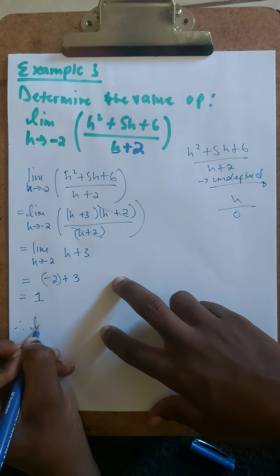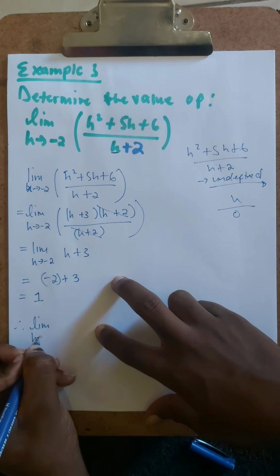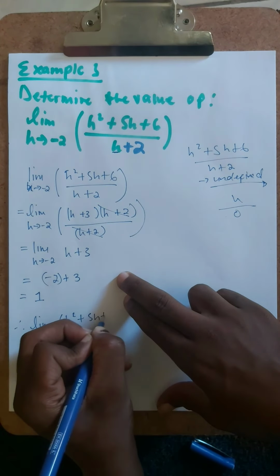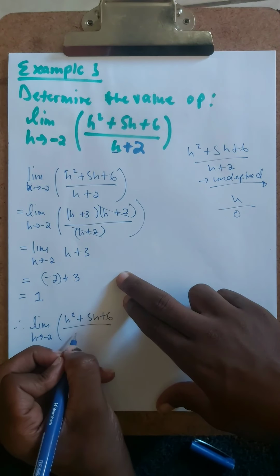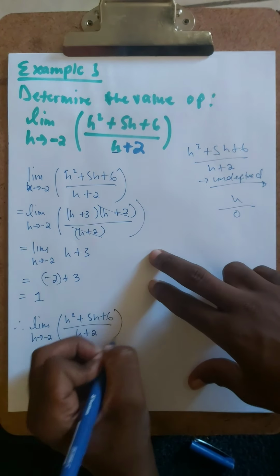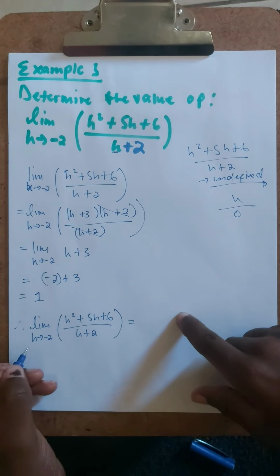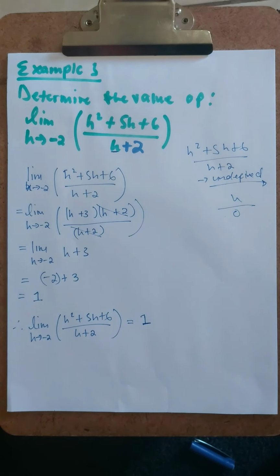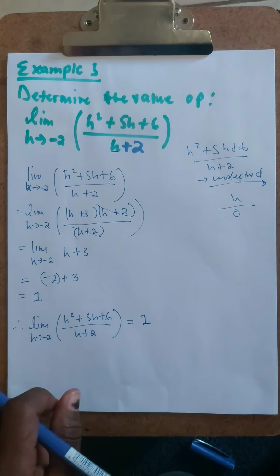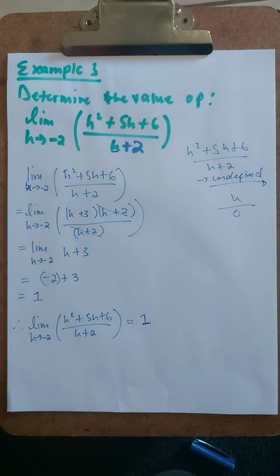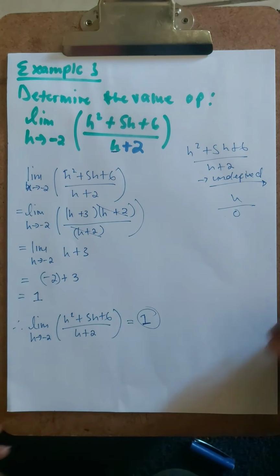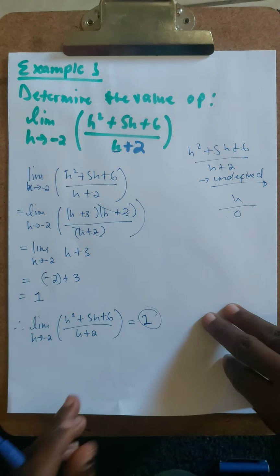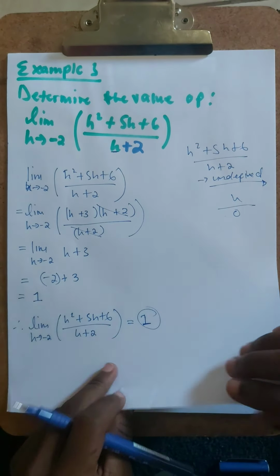Therefore, the limit when h approaches minus 2 of (h squared plus 5h plus 6) divided by (h plus 2) approaches 1, from either the left-hand side or the right-hand side.